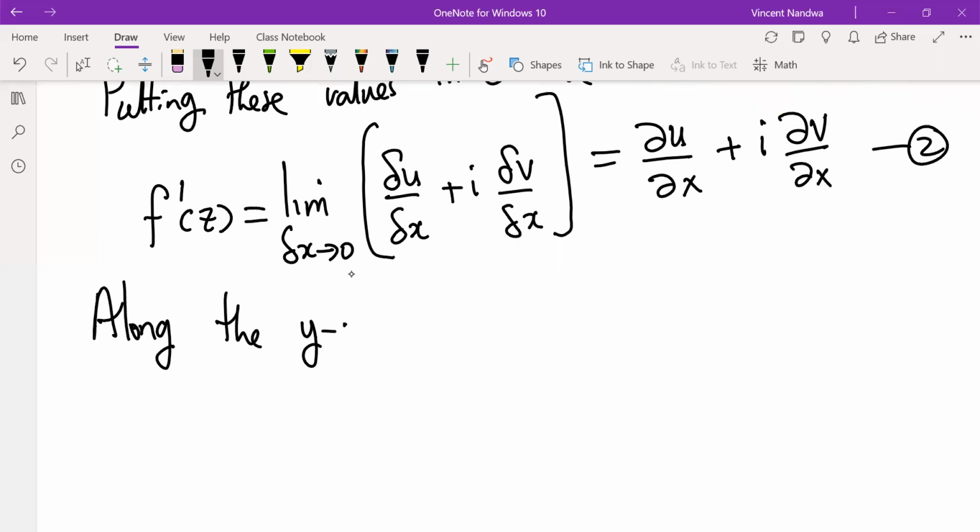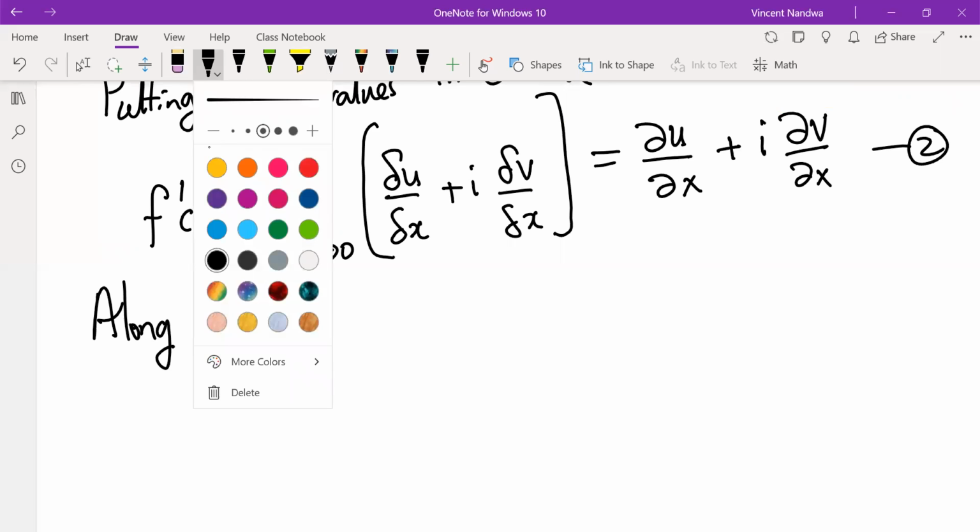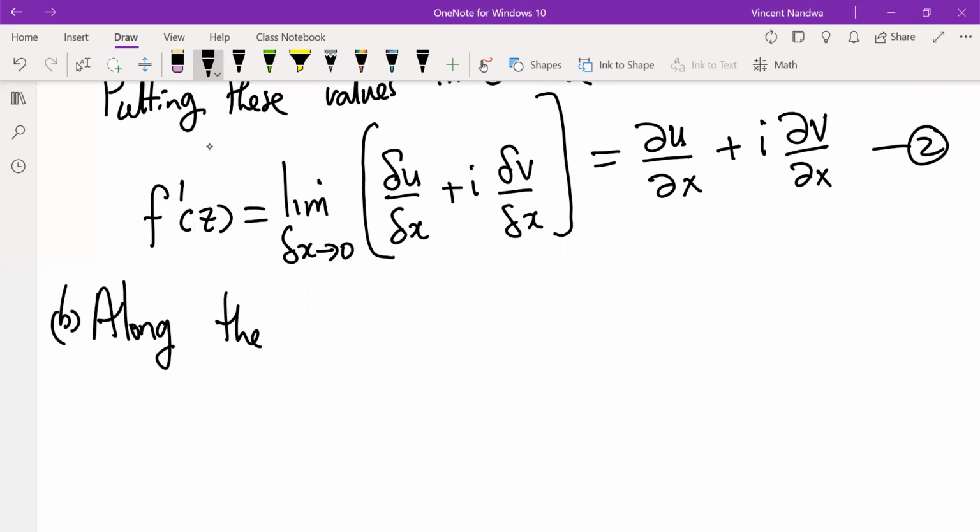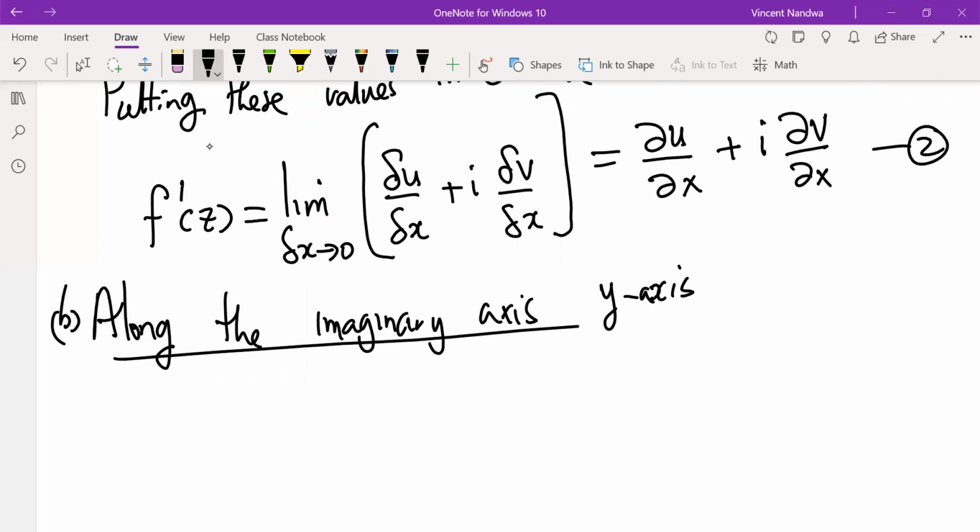Along the imaginary axis, the y-axis, so I have this x-axis, y-axis.